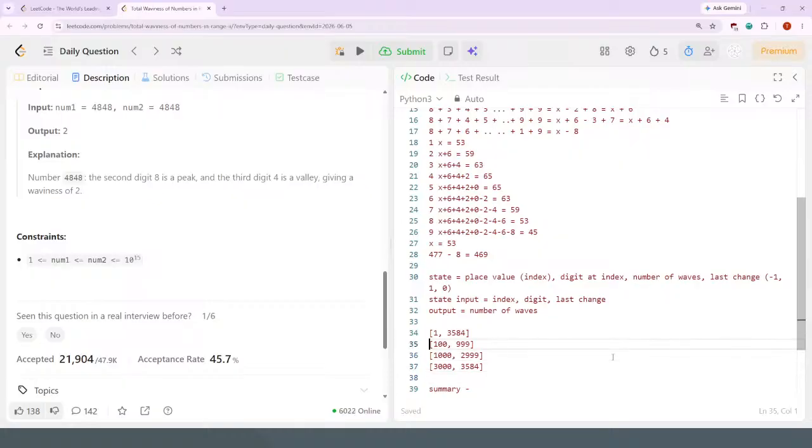So 100 to 999, that's basically all 3 digits. And 1000 to 2999 is all 4 digits, where first is from 1 to 2.